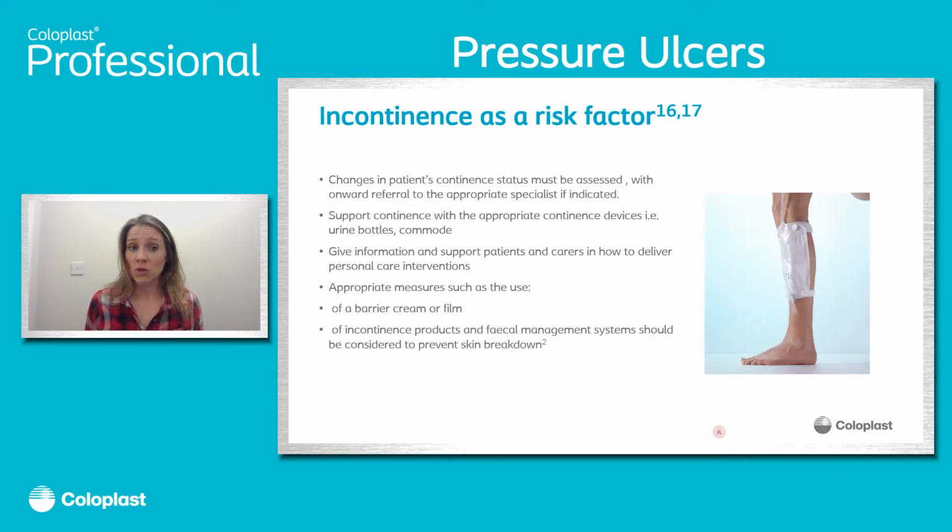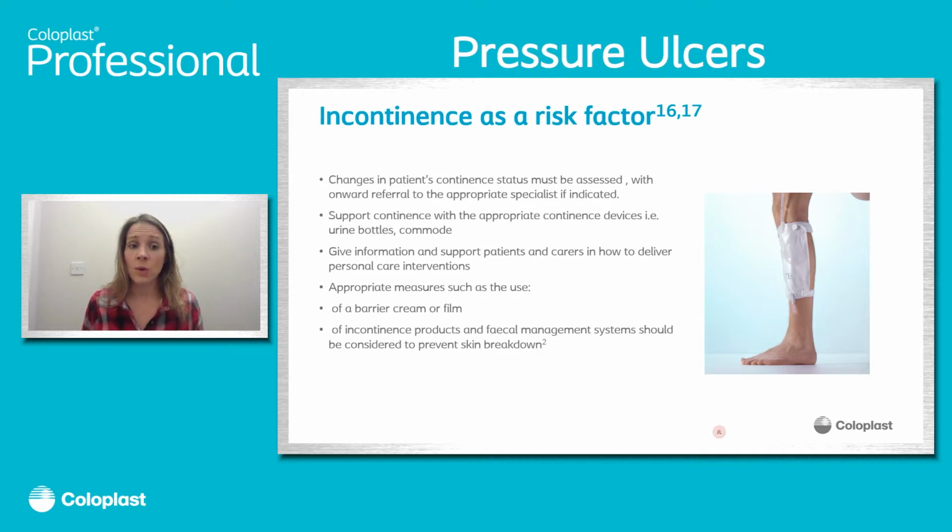We've talked about incontinence today and the risk factors associated with incontinence. So actually, we need to ensure that patients have appropriate tools to use if they need them, such as a urinary bottle, or if they need a barrier cream or film protectant to an area on their sacrum maybe, or in their natal cleft, to try and prevent that breakdown of skin. Somebody might need more frequent visits from a carer to change their pad if they're unable to do that themselves.